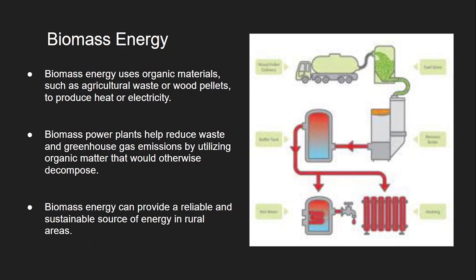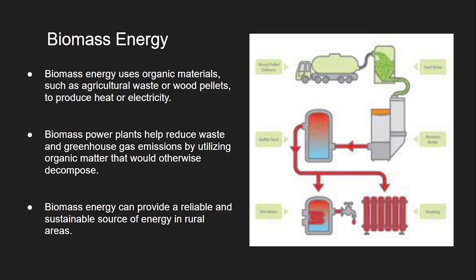Biomass energy is the next technique, which uses organic materials such as agricultural waste or wood pellets to produce heat or electricity. Biomass power plants help reduce waste and greenhouse gas emissions by utilizing organic matter that would otherwise decompose. However, biomass also collects the gases released and uses that for heat.